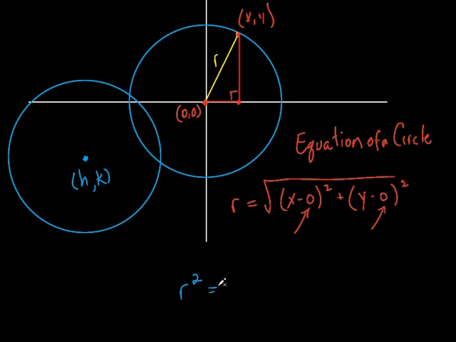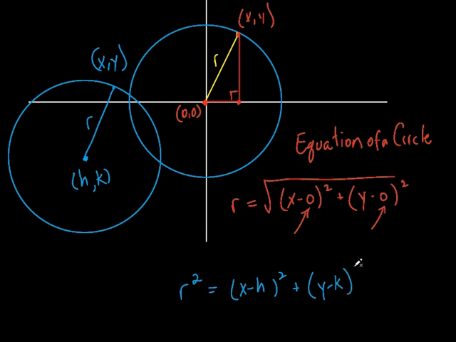So watch this. We're almost there. So r squared is equal to, now, how did we get to here? If that was the radius of the circle right here, and this was x and this was y, what did I subtract? I went x minus what? X minus h, right? And then what did I do to the y? I went y minus k.